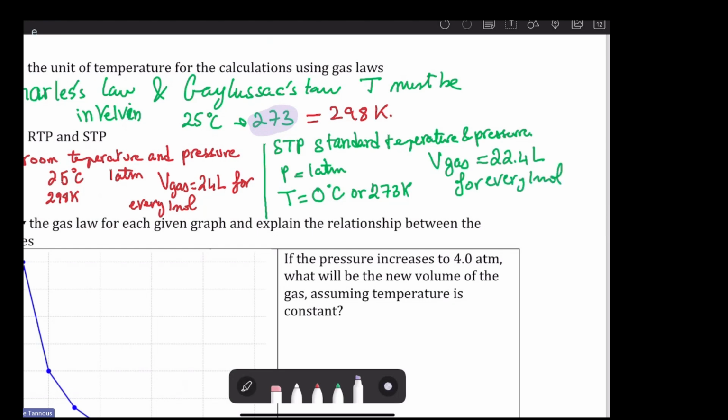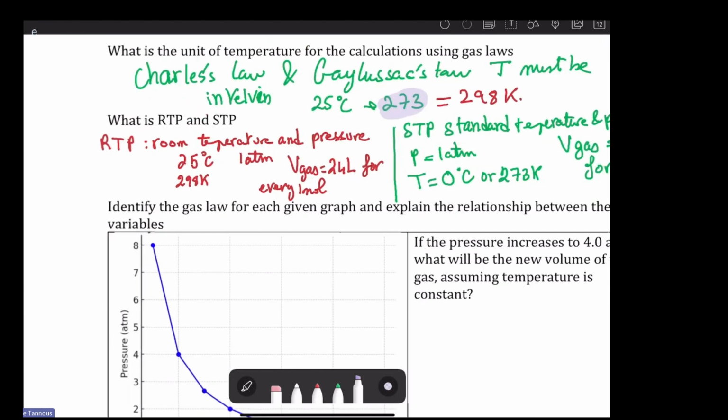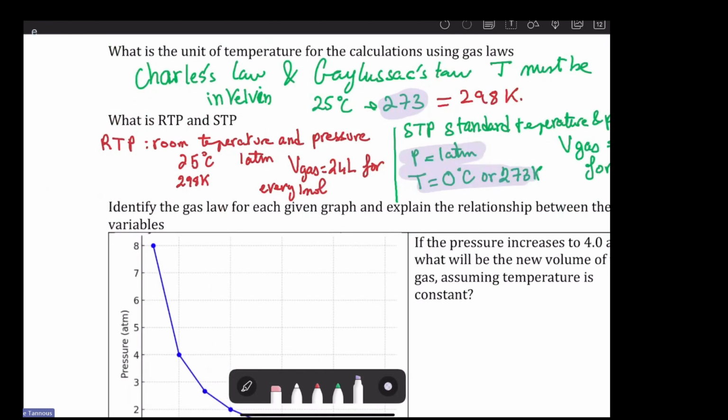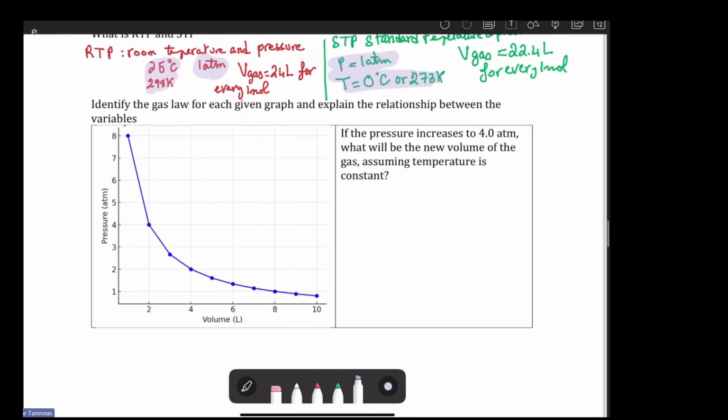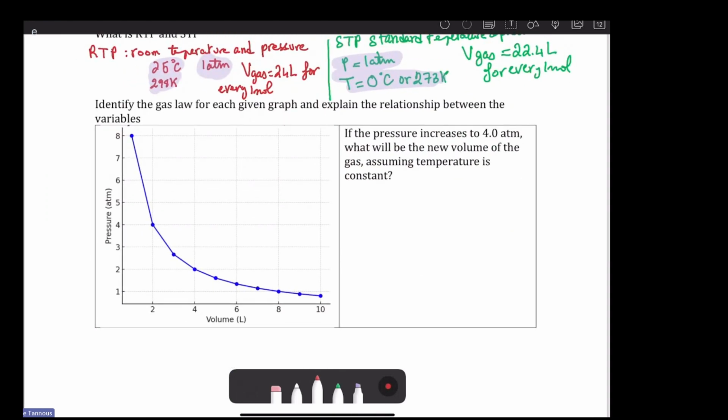So basically, you need to memorize the conditions of STP, which are 1 atmosphere and 0 Celsius or 273 Kelvin, and RTP, which is 25 Celsius, which is 298 Kelvin, and the pressure of 1 atmosphere. Now, let's start with the practice questions.